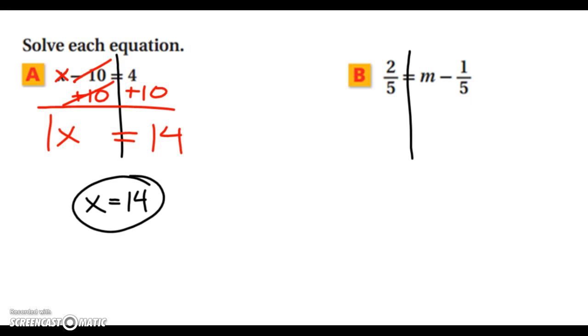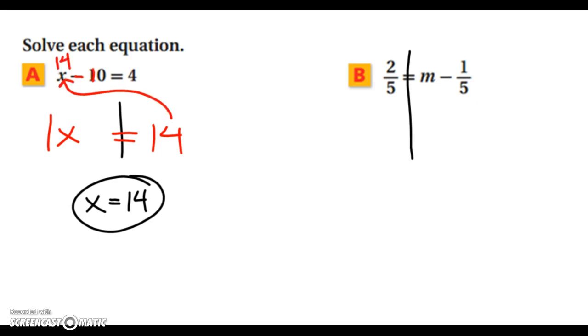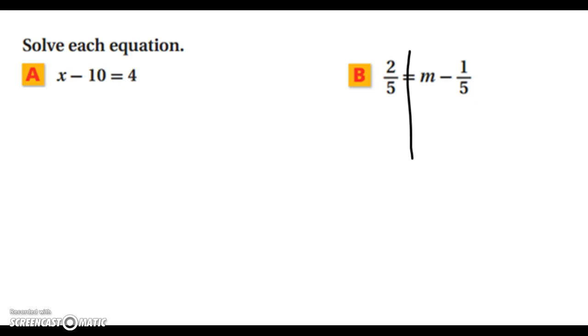And if you ever want to check to see if you got that right, you just plug that answer back into your equation. I would put my 14 back into x, so 14 minus 10 does equal 4, so we're good. Right? So we can check that very simply.